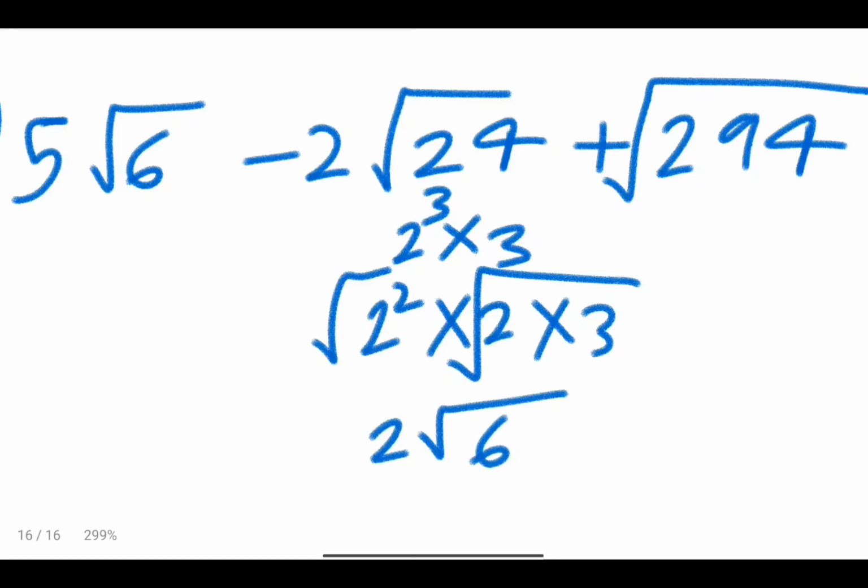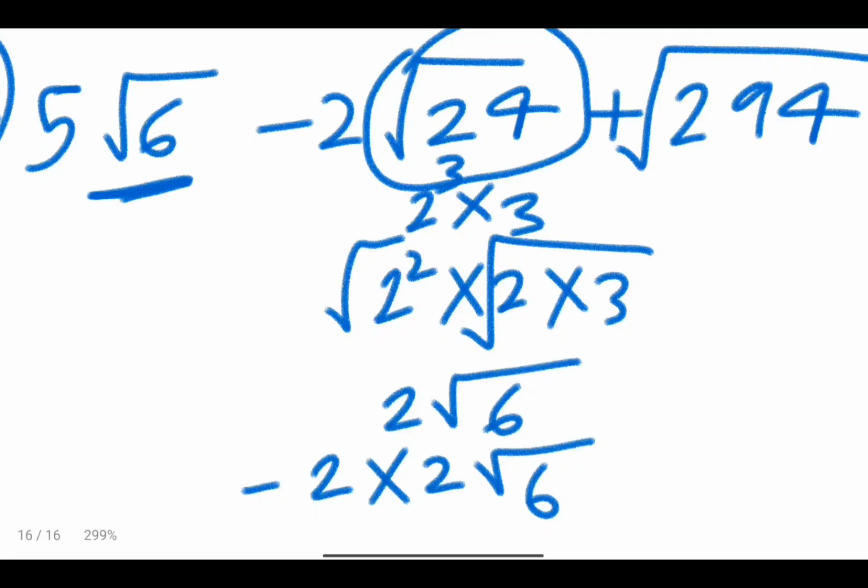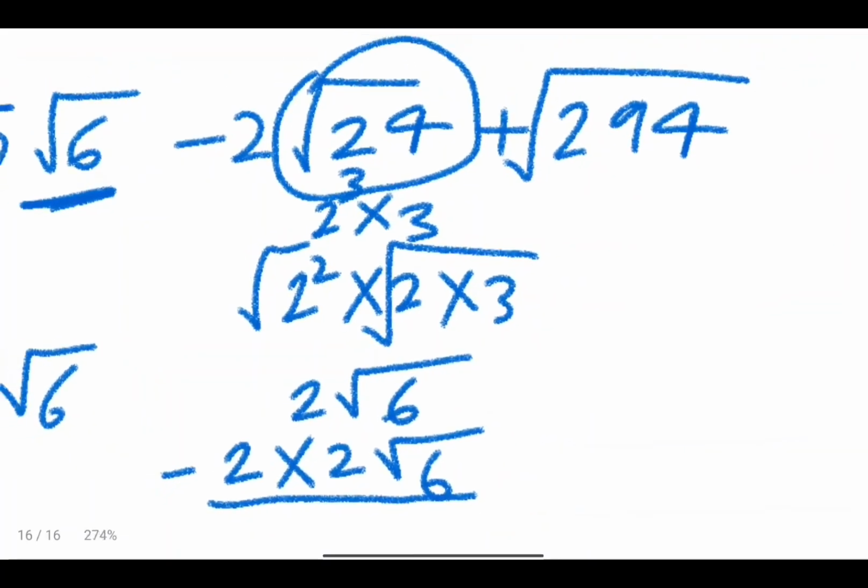Now this is the simplification of root over 24, this thing right here. So finally it becomes 2 into 2 into root 6, and we already have a root 6 term here. So what it means is that we have 5 root over 6 and we are subtracting 4 root over 6's. So how many root over 6's do we have remaining? We only have 1 root over 6 remaining.